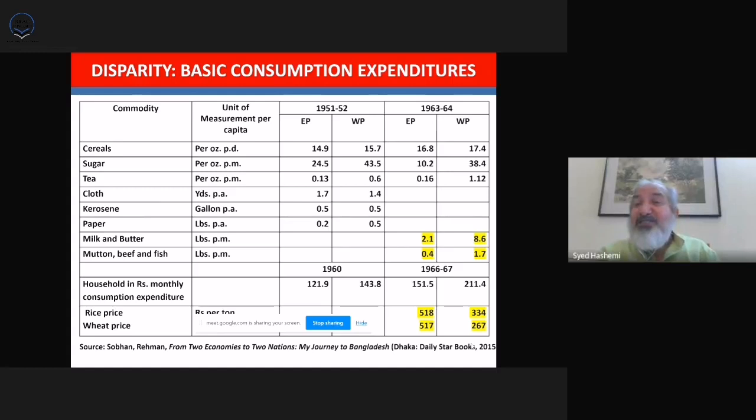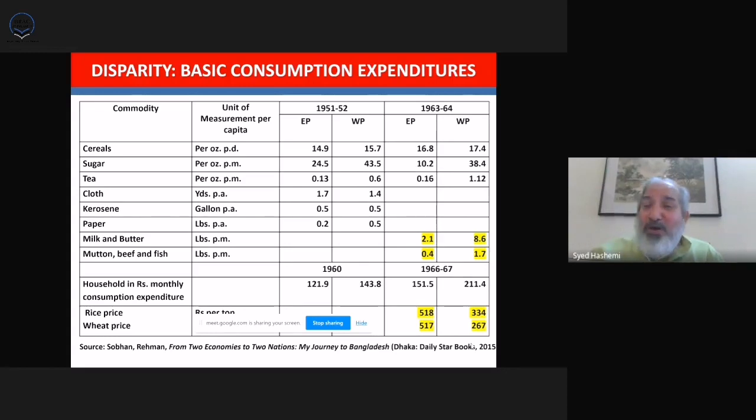In fact, the prices too varied. The same rice cost 518 rupees per ton in East Pakistan, but only 334 rupees in West Pakistan. Wheat, 517 rupees per ton in East Pakistan, and 267 only, nearly half, in West Pakistan.